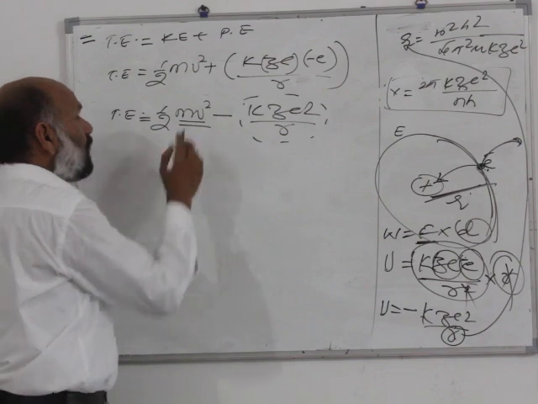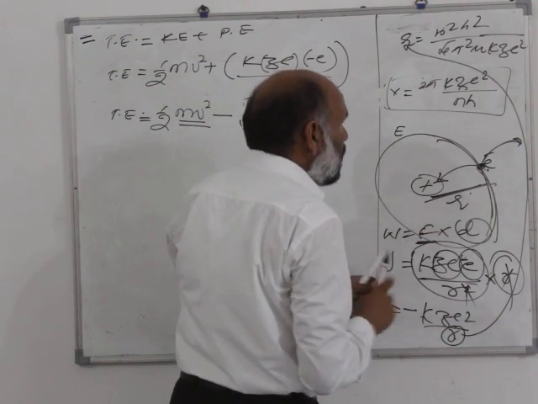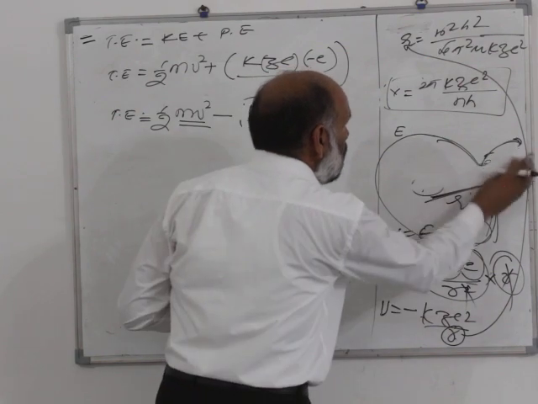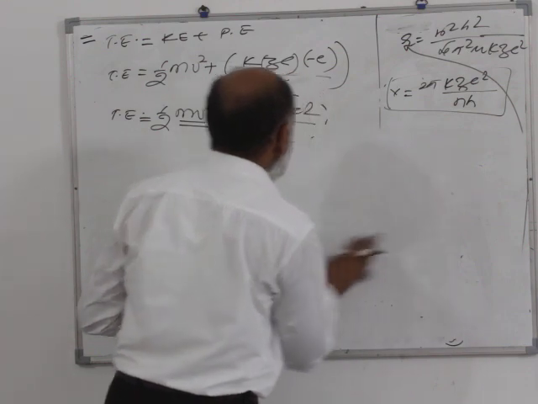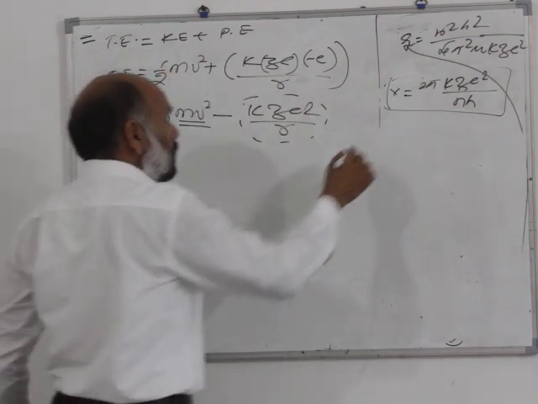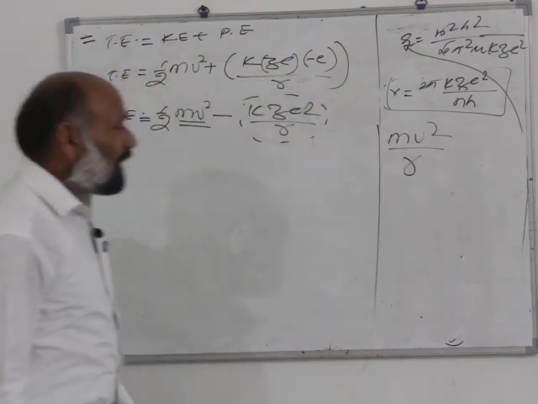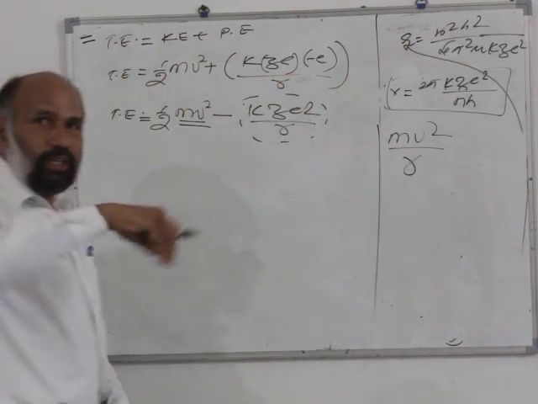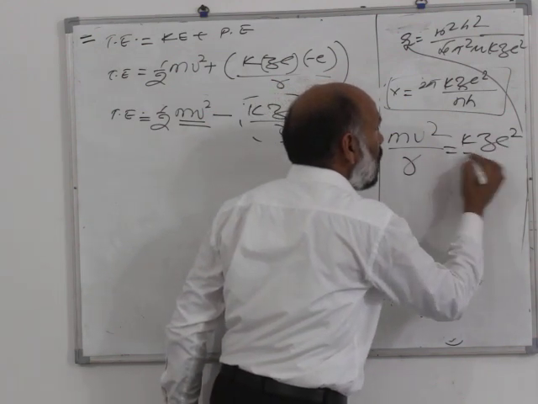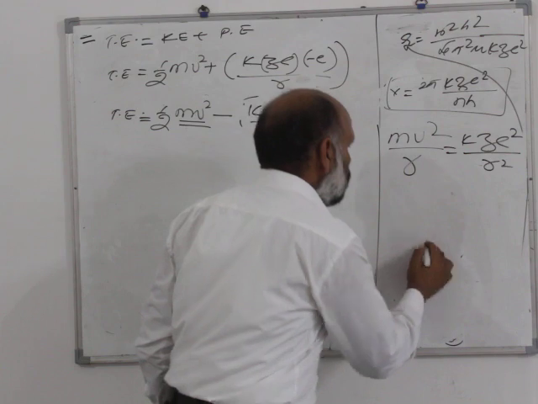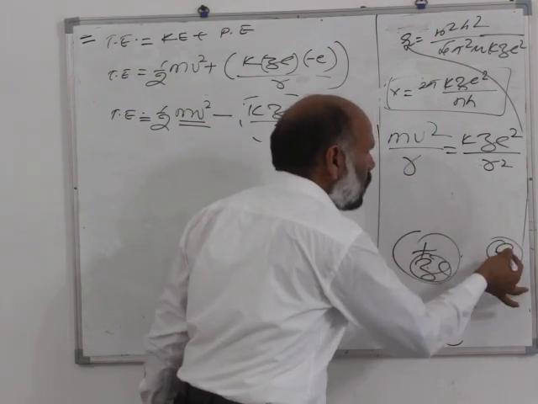What is the value of mv square? Centrifugal force. Where is centrifugal force? Here, and its value is mv square by r. Now the centrifugal force is equal to electrostatic force, k z e into e upon r square.